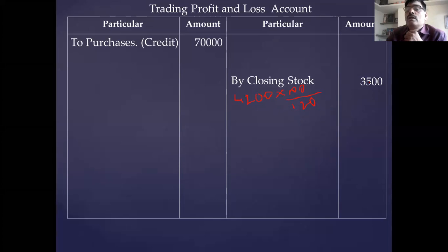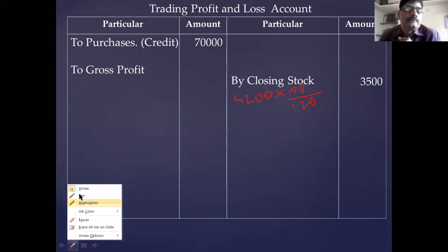For 4,200, its cost is 3,500. Okay. You take the selling price. Then on the basis of these two, you have to calculate the gross profit. Gross profit is equal to 20% on cost. So you calculate 20% on cost here.